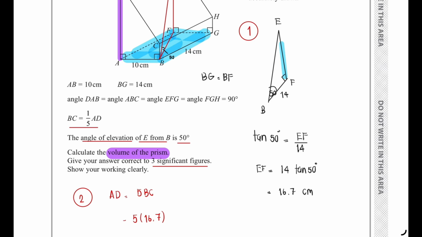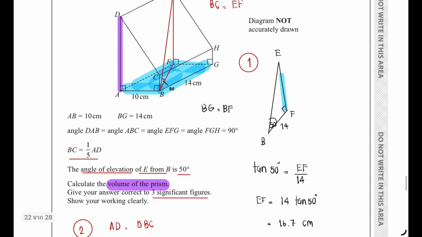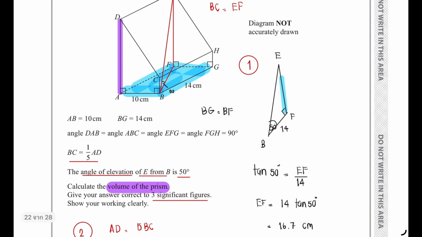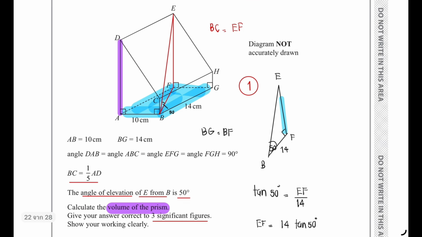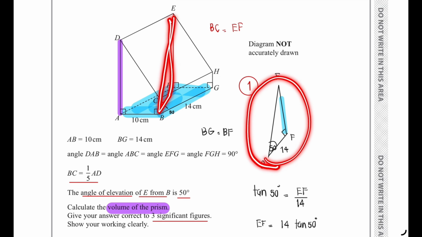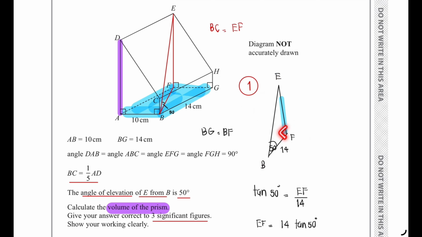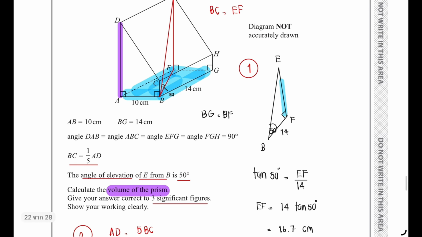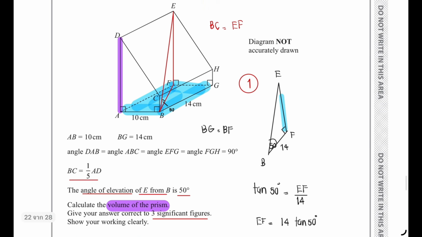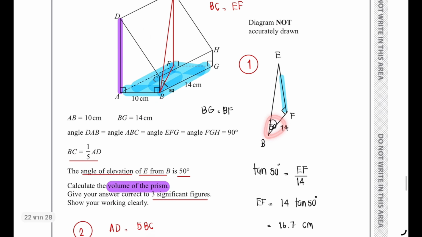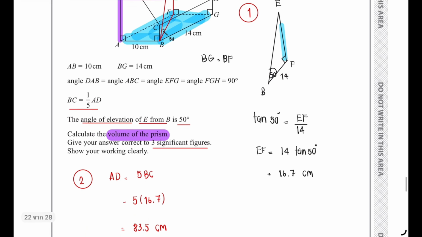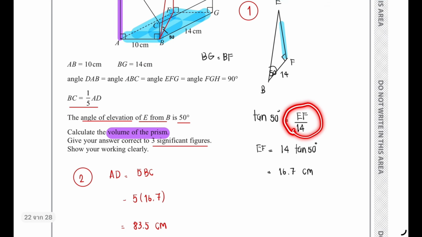Show your working clearly. So the first step is, I will find the length of EF, which is this line. Okay, so we have this triangle, as I show you here, and we have 90 degrees from here, right? Now, we know that this angle is equal to 50 degrees. So we will have tan 50 equals EF over 14.